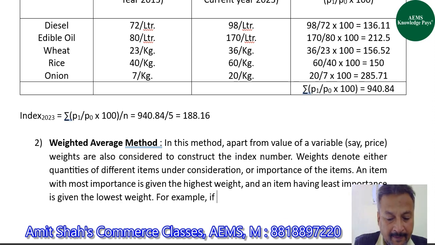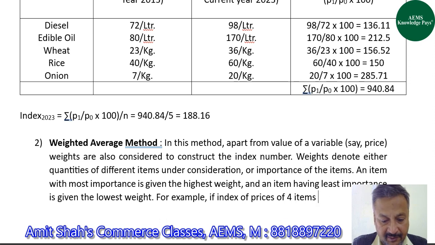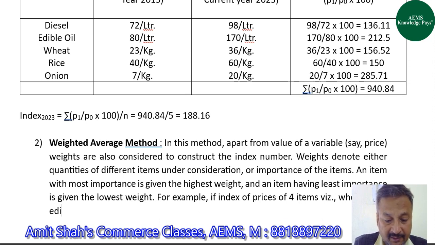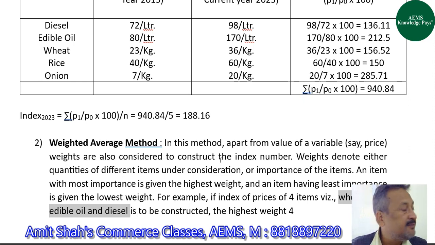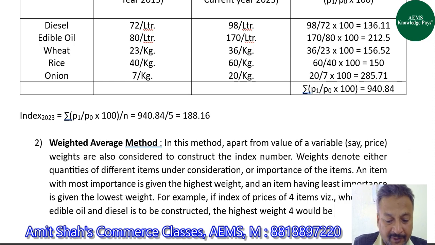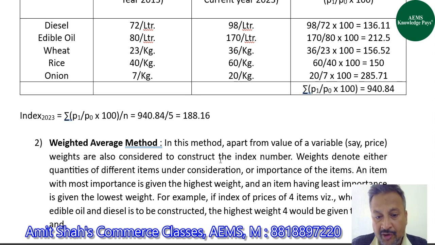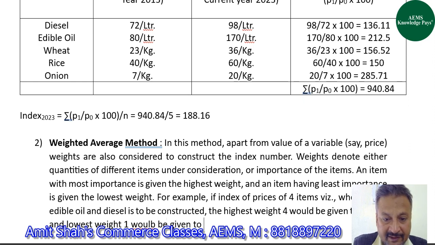For example, if index of prices of 4 items, viz, wheat, milk, edible oil, and diesel is to be constructed, the highest weight 4, because here we have 4 items, would be given to wheat, because out of these 4 items, wheat is the most important item, and lowest weight 1 would be given to diesel.